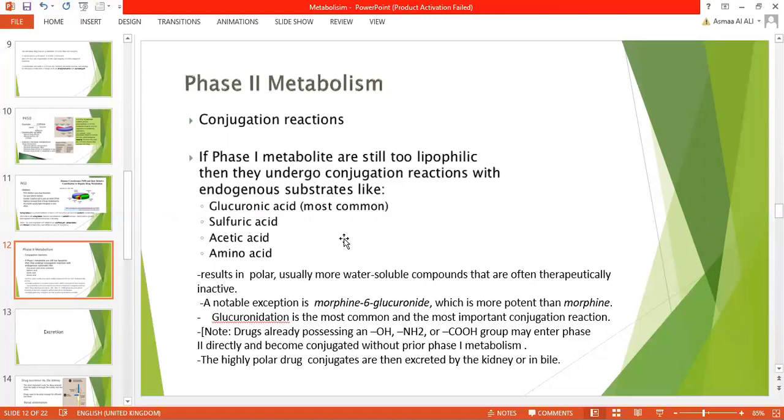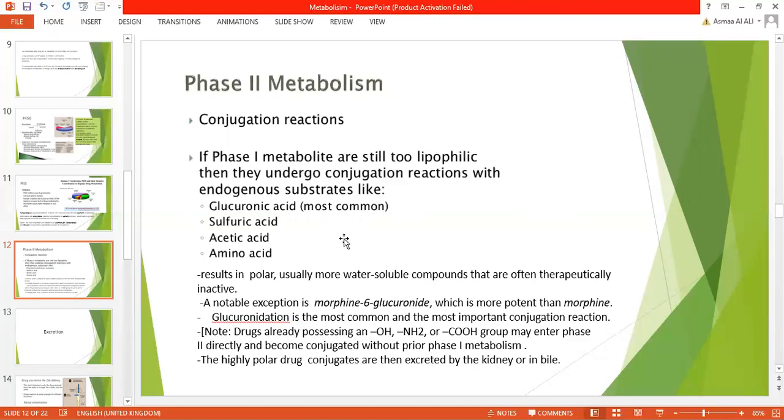Drugs already possessing an OH, NH2, or COOH group may enter phase 2 directly and become conjugated without prior phase 1 metabolism, as we mentioned in the previous figure. So the highly polar drug conjugate is then excreted by the kidney or in bile. This is regarding phase 2 metabolism.